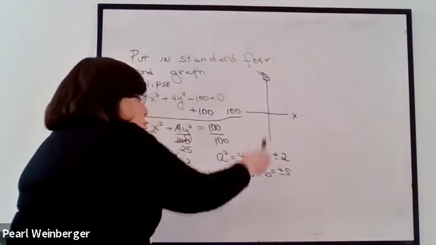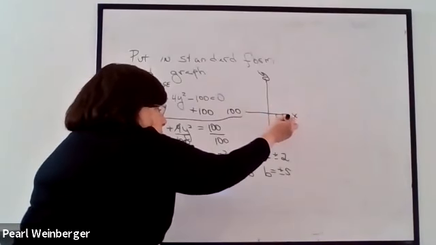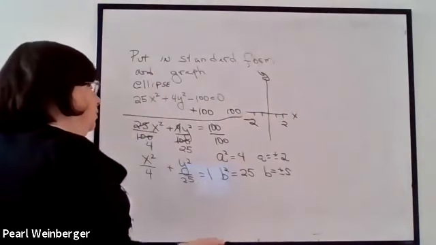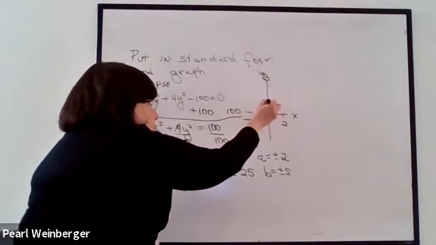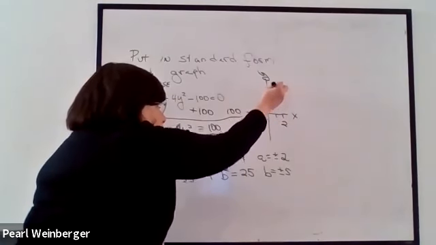What we do is we go to our x-intercept, 2 to the right and 2 to the left to get to -2. And for the y's, we go up 5 and down 5.